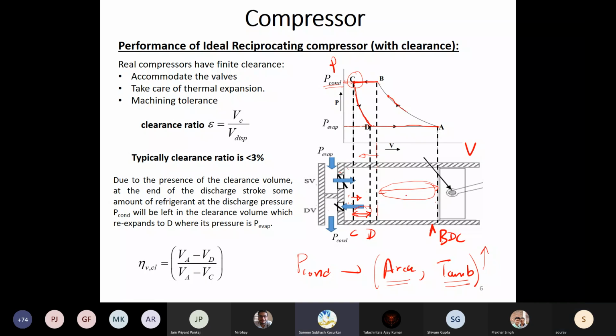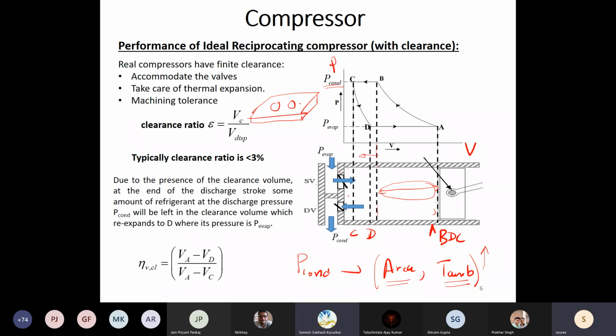From A to B, the pressure is low, so why doesn't the refrigerant move out through the evaporator valve? Okay, have you attended the lab class? The answer to that lies in how the valves are made.